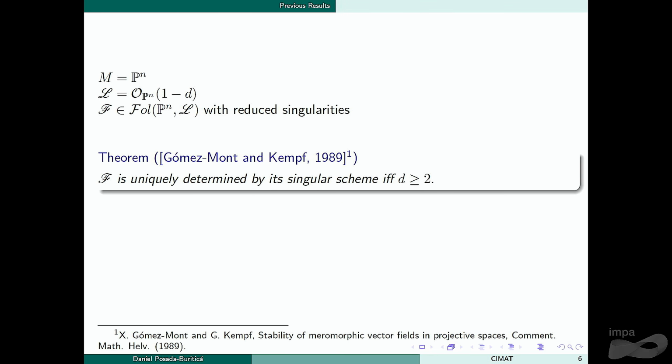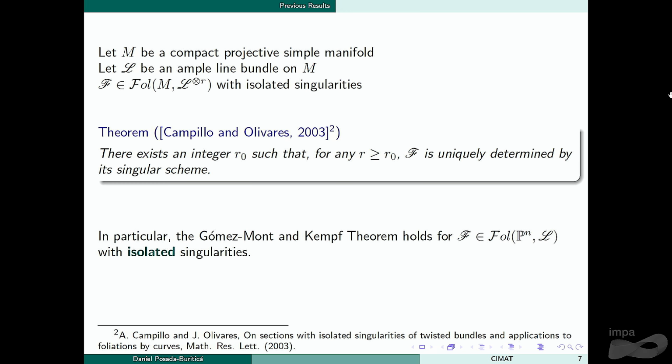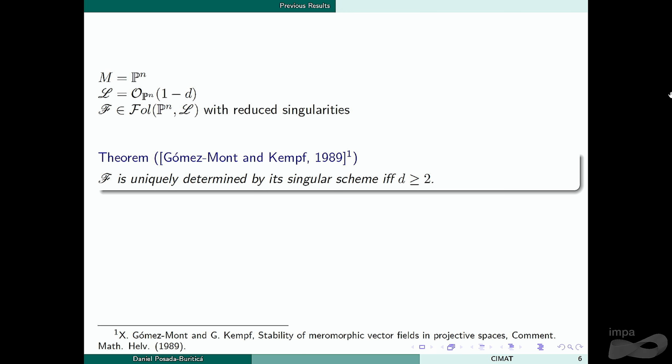Previous results. When the complex manifold is a projective space, the line bundles on the projective space are given by this form. This is the line bundle where the global sections are the homogeneous polynomials of degree 1 minus d.